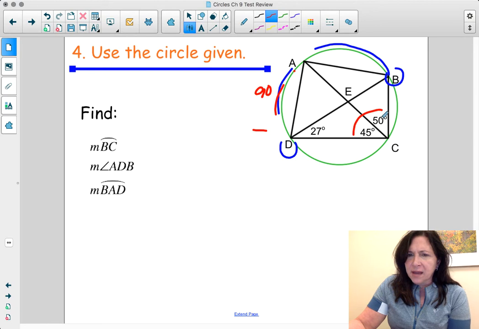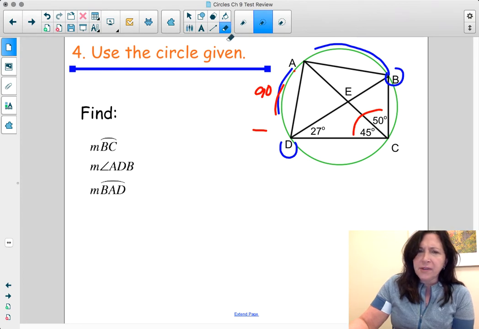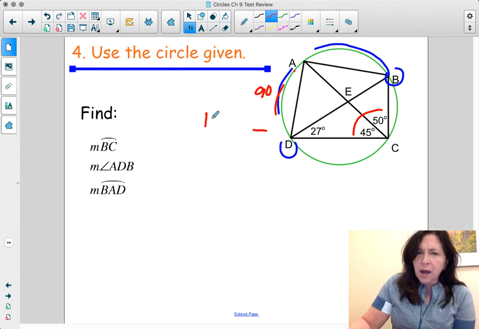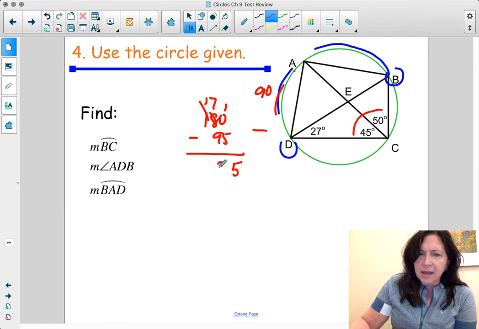So this is 50 plus 45, which is 95. So 180 subtract 95, so we have 5 and 8. So this is 85 degrees here.